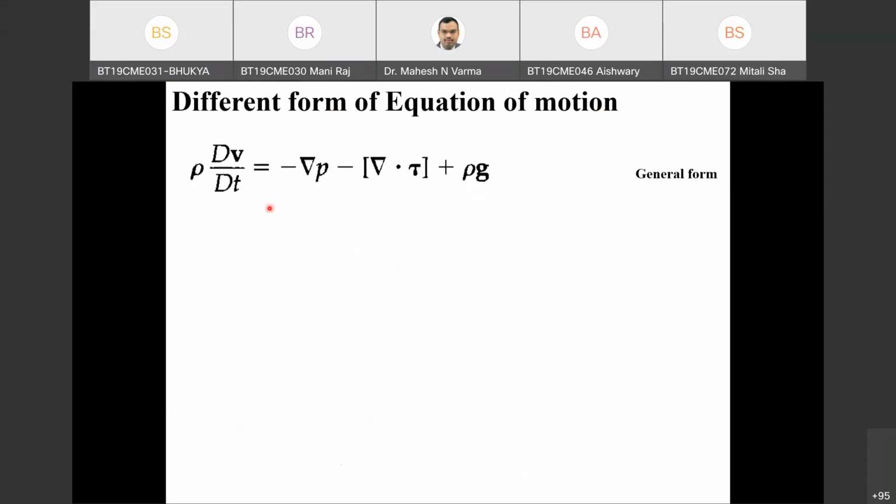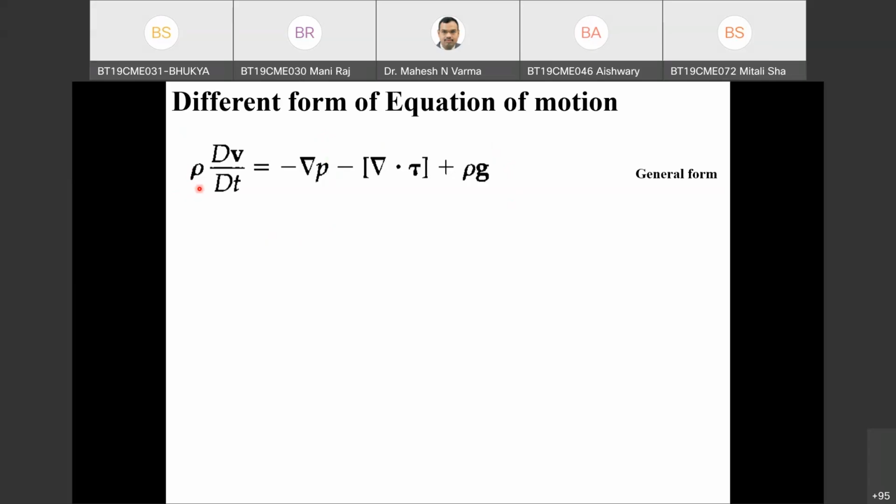So this is a general form of the equation of motion, and it itself represents 9 equations. You get x, y, z momentum in Cartesian coordinates, r, theta and z momentum in cylindrical coordinates, and r, theta and phi momentum in spherical coordinates. So I can get 9 equations: 3 for Cartesian, 3 for cylindrical, and 3 for spherical.